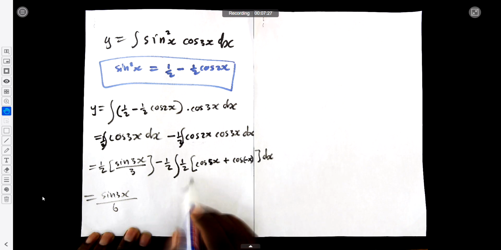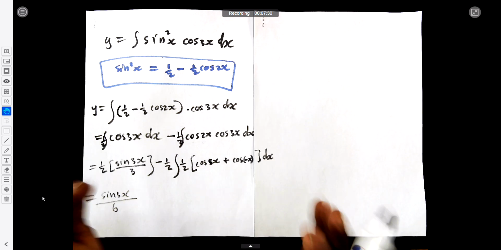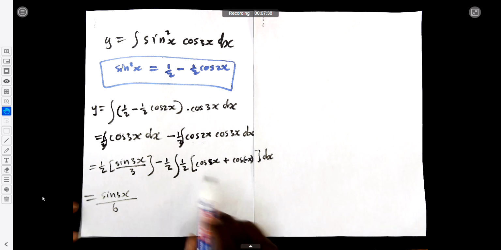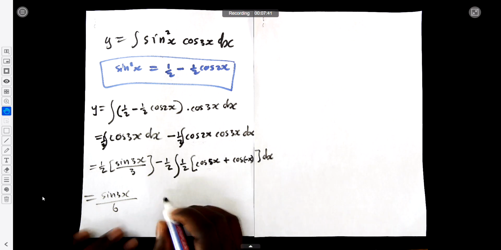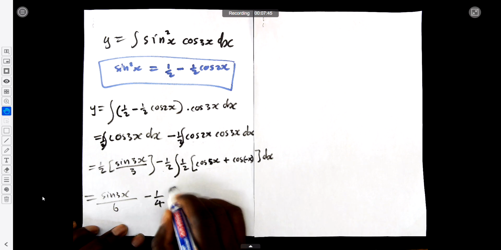Then the second one, in the meantime, we can integrate. At least we have a sum of functions, not a product. We don't have multiplication; it's just cosine on its own, cosine on its own. So we can integrate. But in the meantime, let's multiply this and have negative 1 over 4.